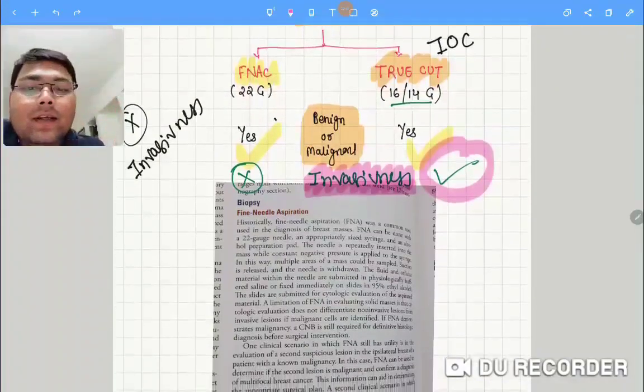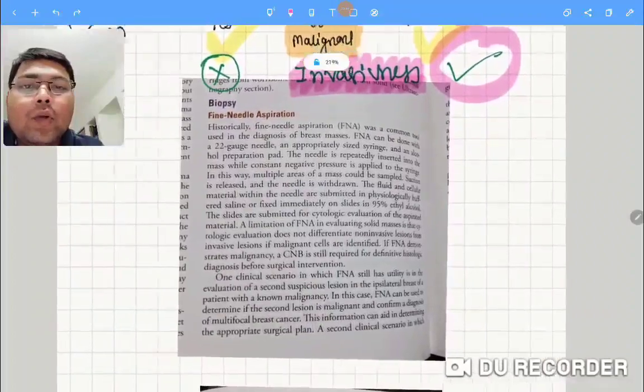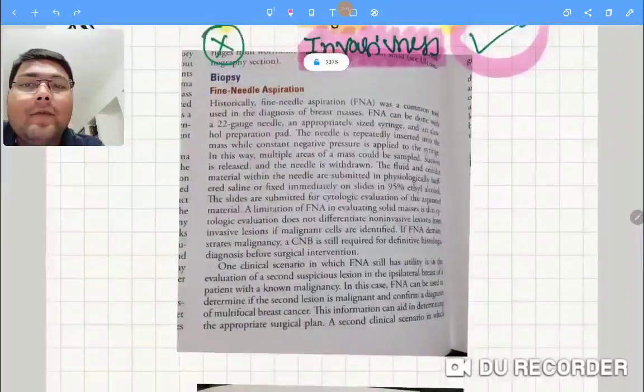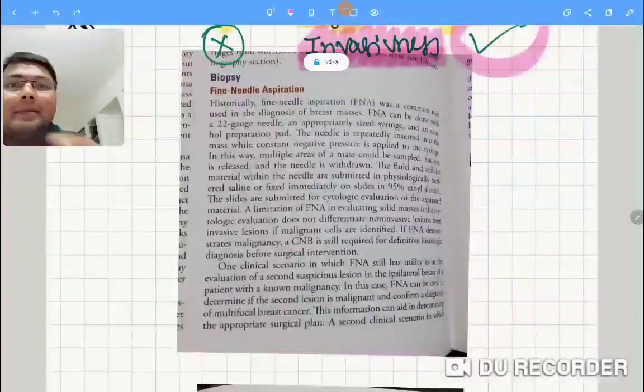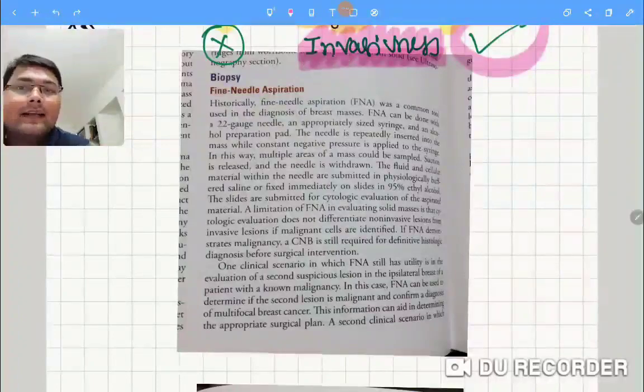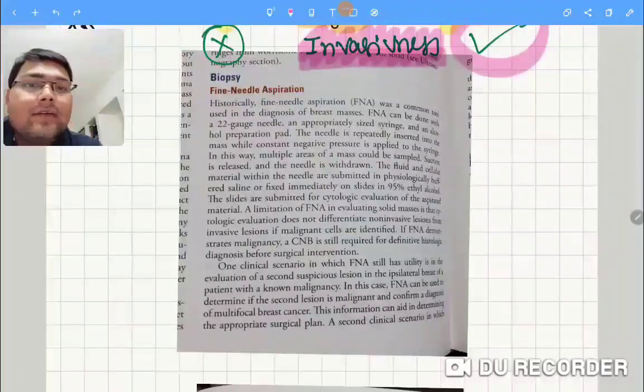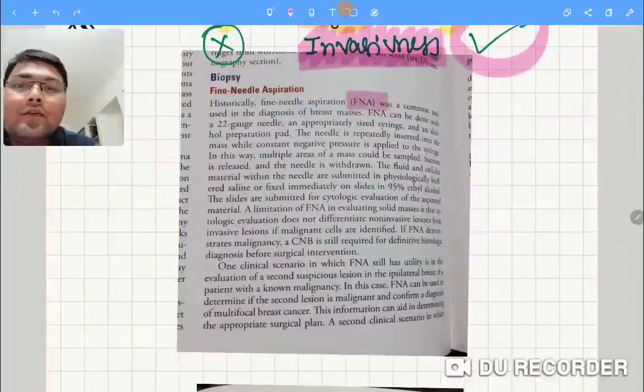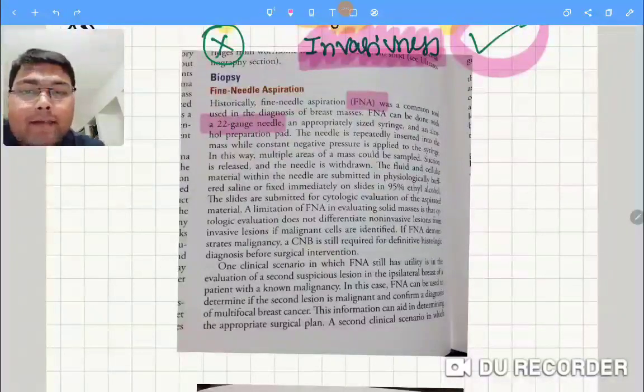So here we'll quote this directly from Sabiston. This is a picture from Sabiston. Here it is written that for fine needle aspiration cytology, we use a 22 gauge needle, right? Here is the limitation of the FNAC.